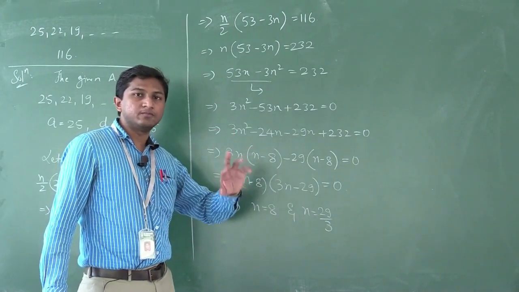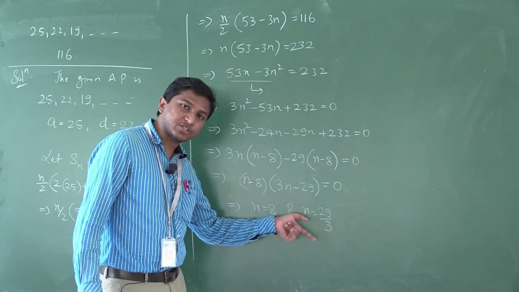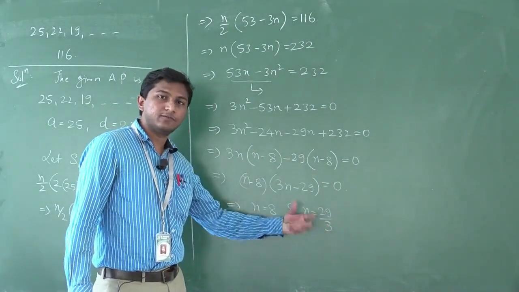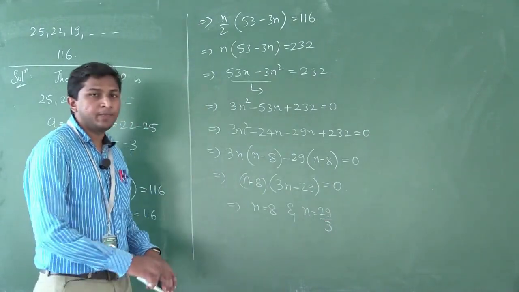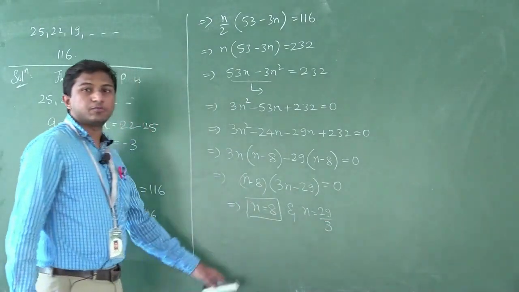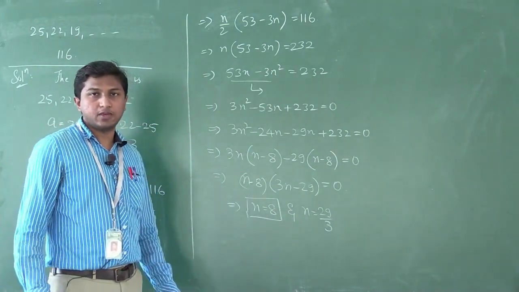It cannot be in between 2 and 3. So 29 by 3 is a fraction, and n cannot be a fraction. That is why we have to consider the value of n to be 8.